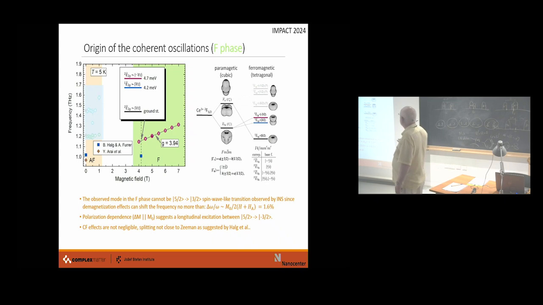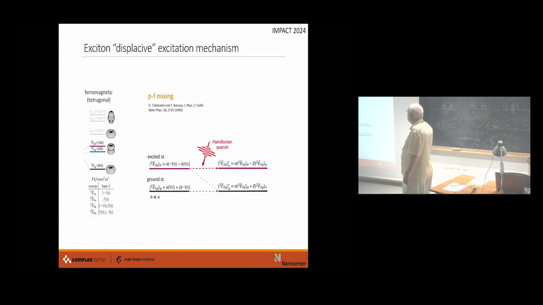Of course, there is a question where other states are, but we could not see them. So the conclusion of this is that crystal field effects remain strong and are quite clearly reflected in these low-level magnetic excitonic excitations in the material.